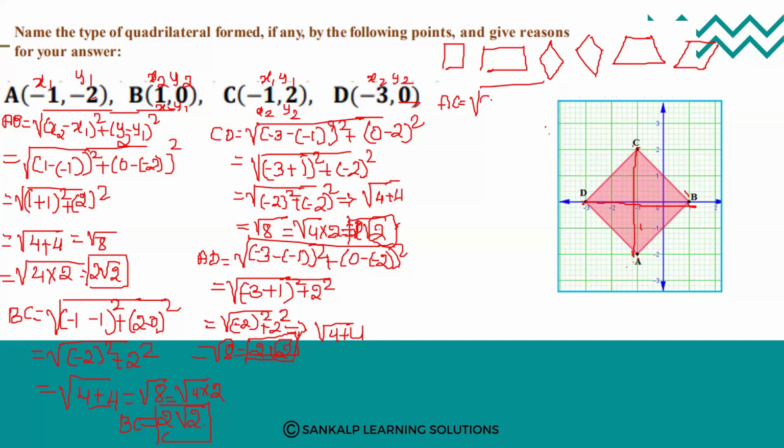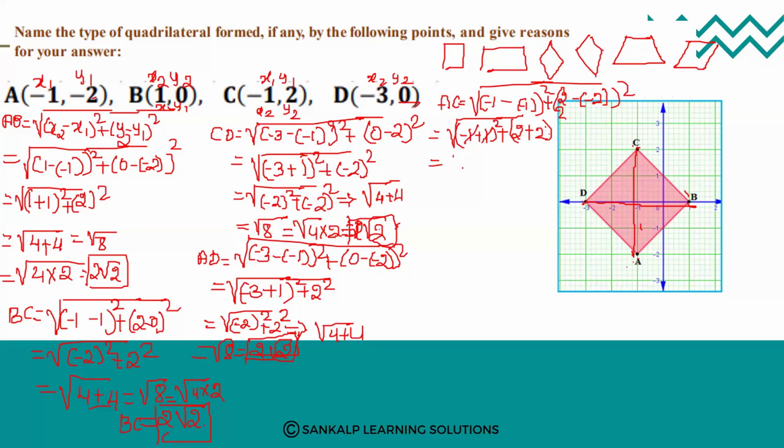Now tell me the value of x2. x2 is minus 1, minus x1 value is minus 1 whole square, plus y2 value is 2 here, 2 minus of minus 2 whole square. Minus 1 minus into minus is plus 1 whole square plus 2 plus 2 whole square.